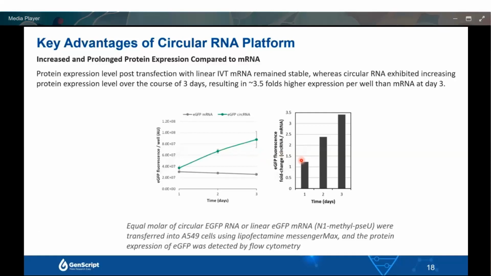Protein expression level post-transfection with linear IVT mRNA remained stable, but the circular RNA exhibited increasing protein expression level over the course of 3 days, resulting in about 2.5 fold higher expression per well than mRNA. So it's about the protein expression.